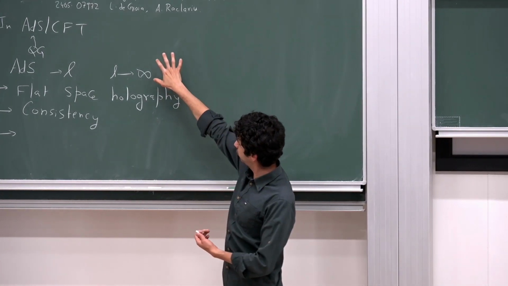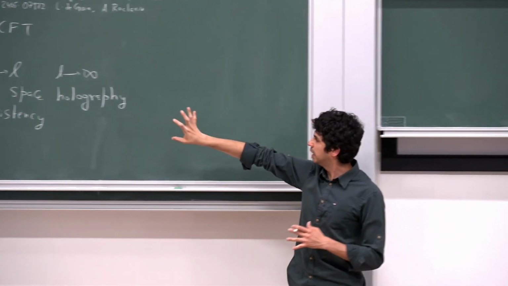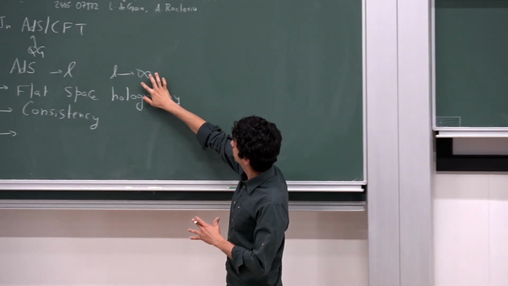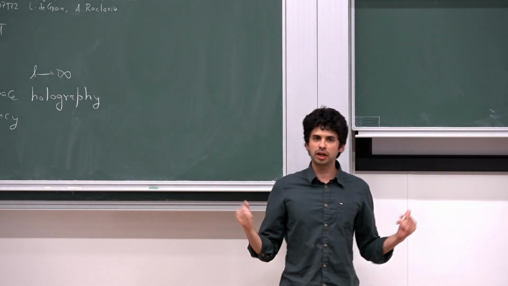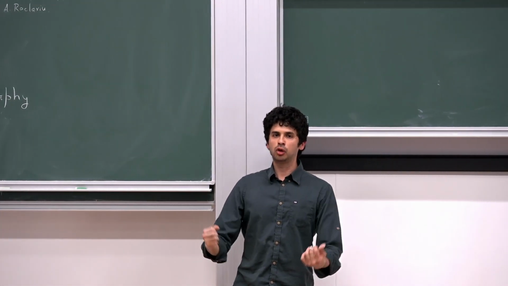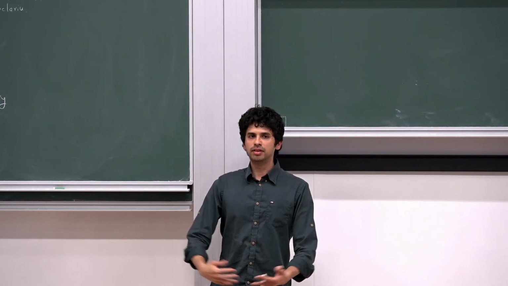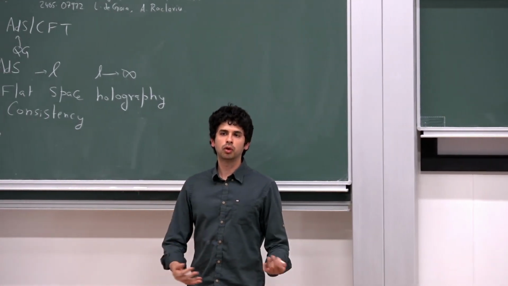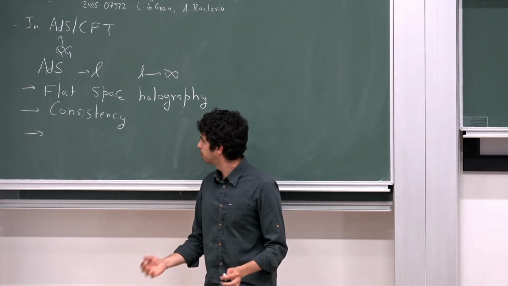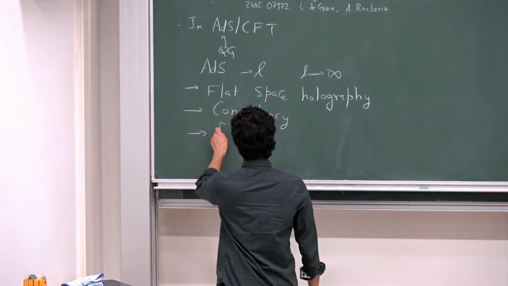There will be a specific limit called the Carrollian limit, which is the analog of the flat space limit. And so you can just start taking Carrollian limits of these CFTs and see what you get, and check whether it corresponds to some bulk scattering. So that's examples.